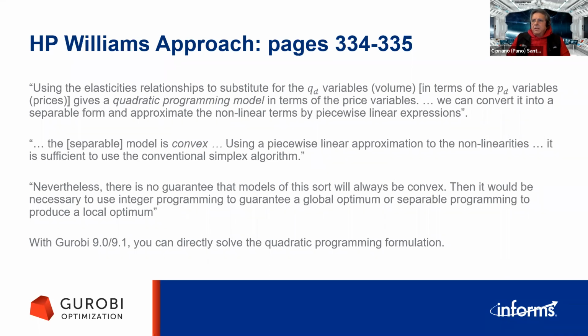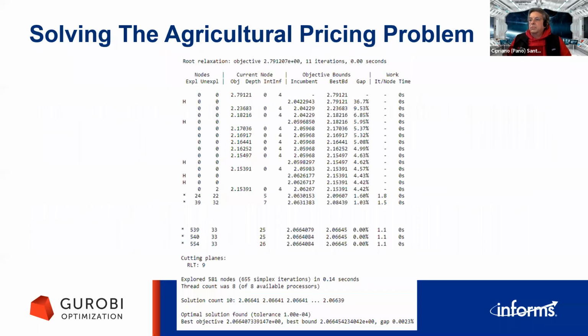So what is happening now with Gurobi 9.0 and 9.1 is that you can solve these problems directly without any acrobatics, and this is very powerful because you just focus on making sure that your model represents reality, and then Gurobi will figure out how to solve it properly. You don't need to do too much math there to solve it.